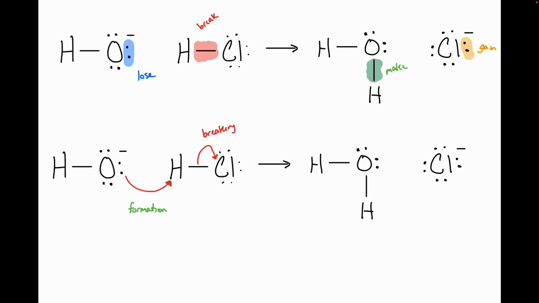We can't create them out of nothing. So where did this pair of electrons go? It went into, not the chlorine, it went into creating this new oxygen-hydrogen bond. This pair of electrons over here is the same as this pair of electrons here. And that's what I'm demonstrating with my electron pushing arrow.